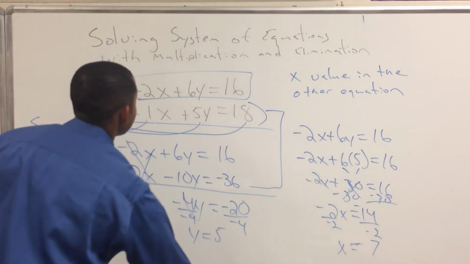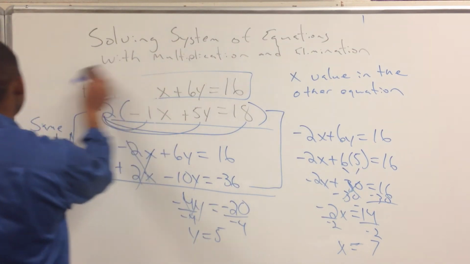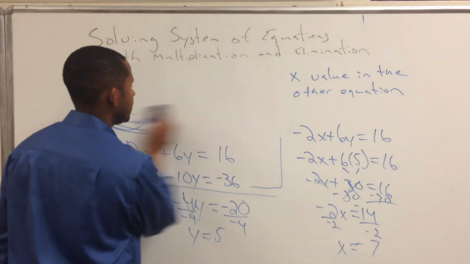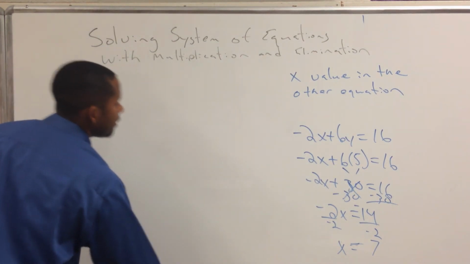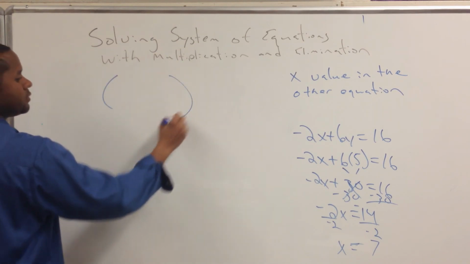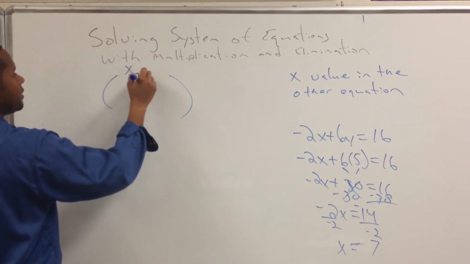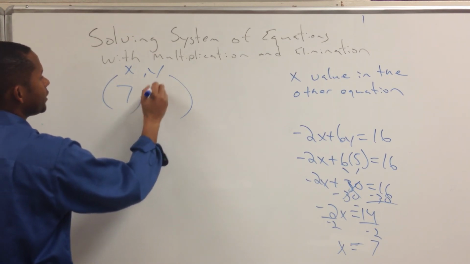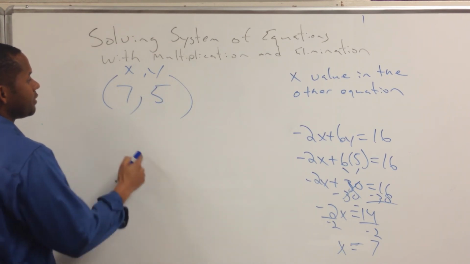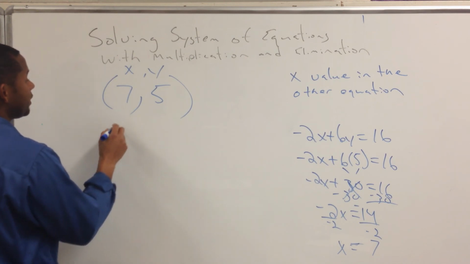So that gives me everything. So my final solution to this equation would say that x equals positive 7 and y equals 5. This is the point, okay?